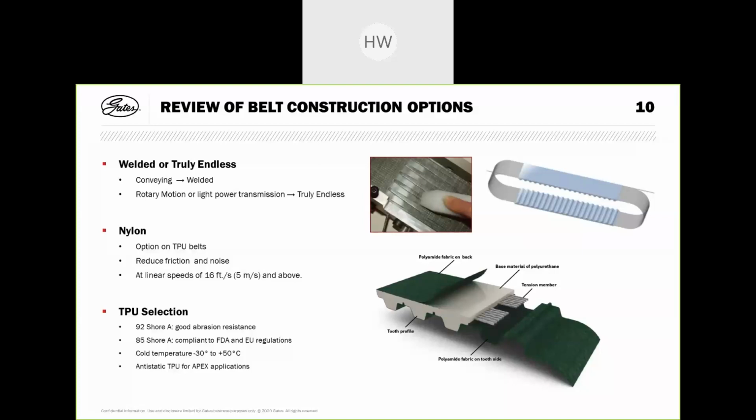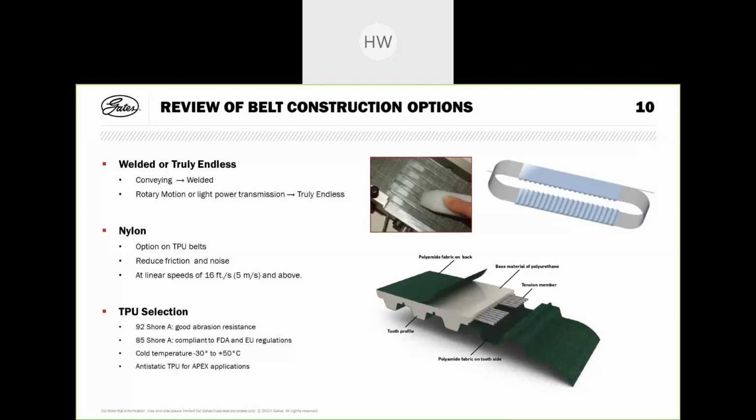Therefore, in most cases, a welded belt will work well for conveying applications. For rotary motion or light power transmission, we generally recommend truly endless belt. And also here we have some product opportunities with the TPU belting.